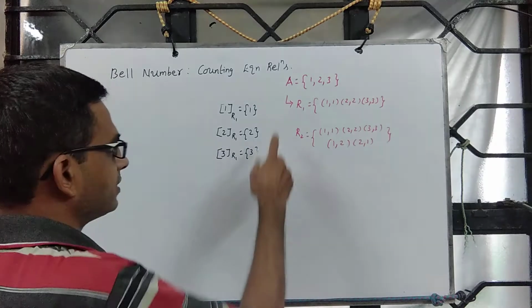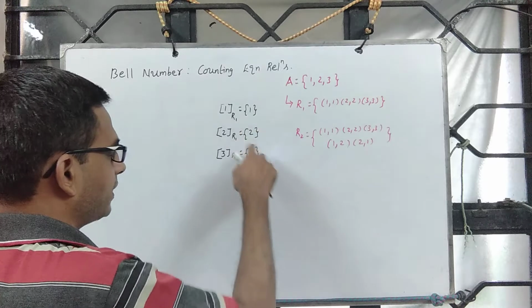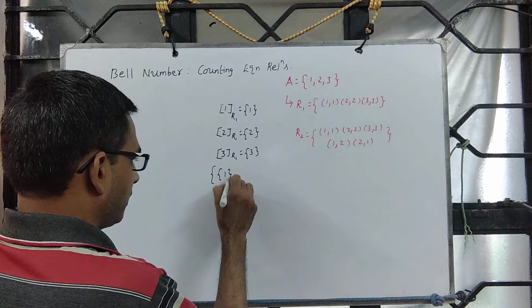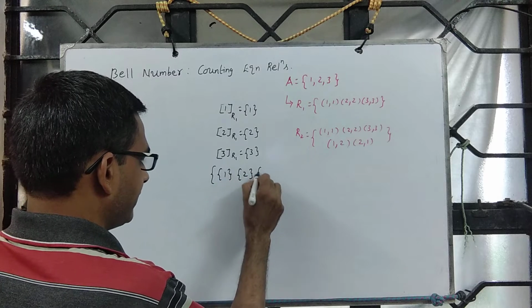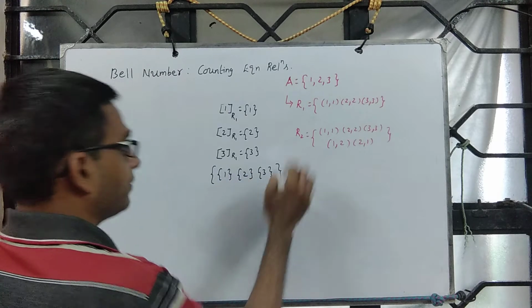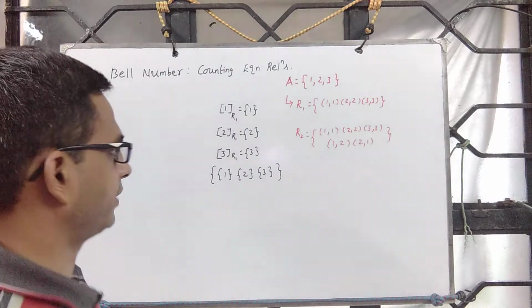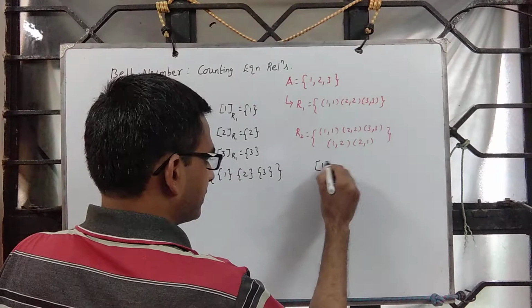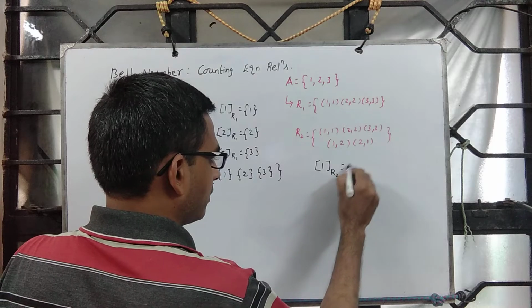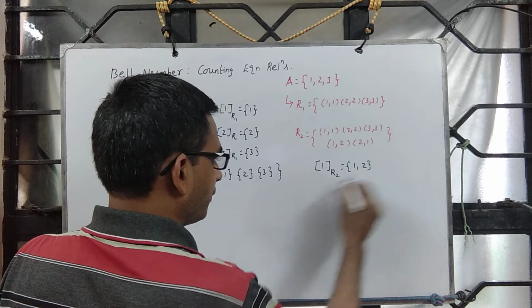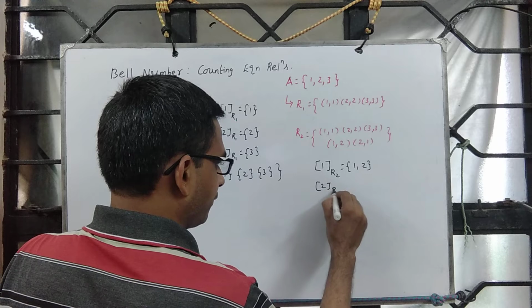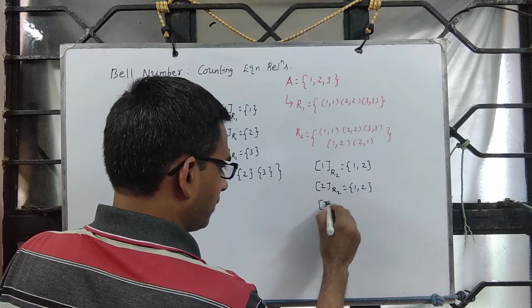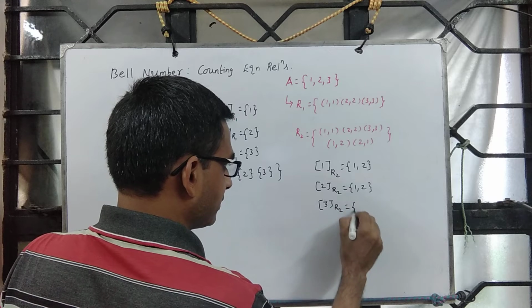And in some sense, the set of equivalence classes corresponding to this relation gives you a partition of the underlying set {1, 2, 3}. For the second, the equivalence class of 1 is {1, 2}, the equivalence class of 2 is {1, 2}, and the equivalence class of 3 is just {3}.